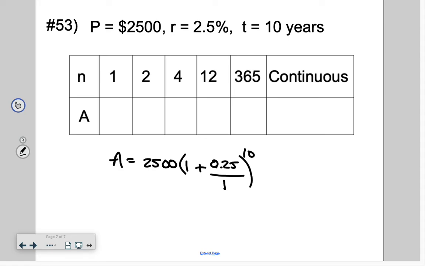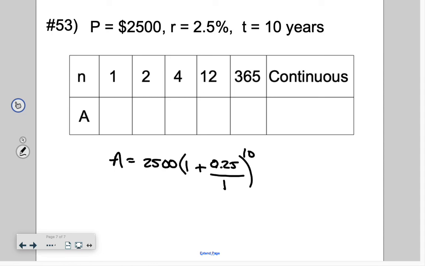Oh well. 0.025 divided by 1. And now here's the first calculator part. I'm going to close the parenthesis, which is really just closing the parenthesis on the fraction. Then I need another parenthesis to close that quantity, because it's that entire quantity that's raised to the power, not just the fraction.